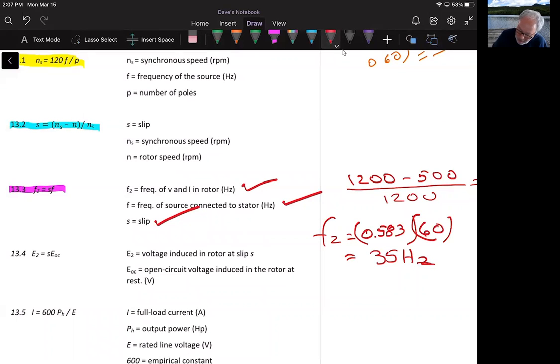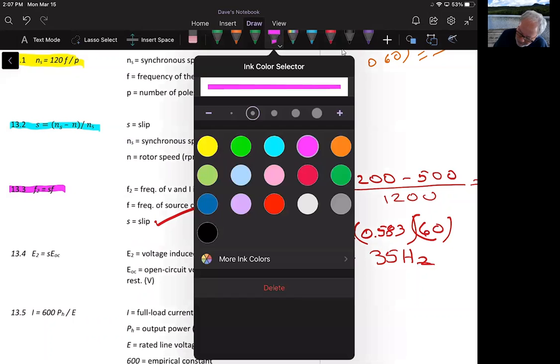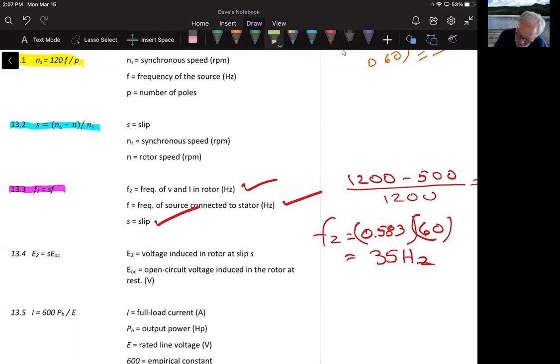Then 13.4 gives us another fundamental equation that we can use to determine what the voltage induced in the rotor at a particular slip would be. And it's based on the open circuit voltage induced in the rotor at rest. Okay. It goes into a little detail: the open circuit voltage is the voltage that would be induced in the rotor bars if the bars were disconnected from the end rings.